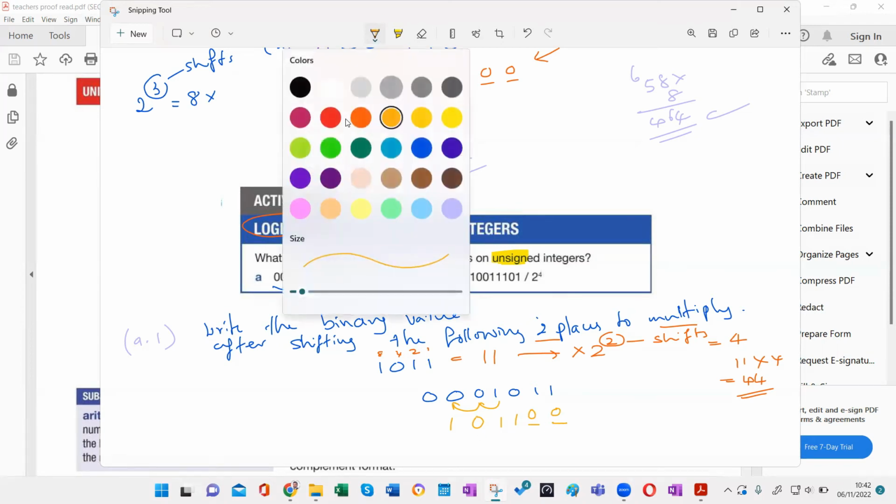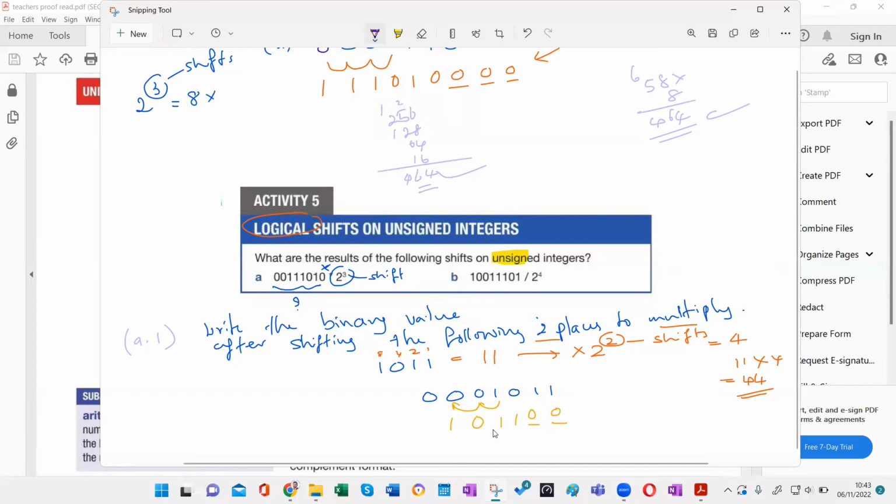Okay, now let's see whether we have got 44.